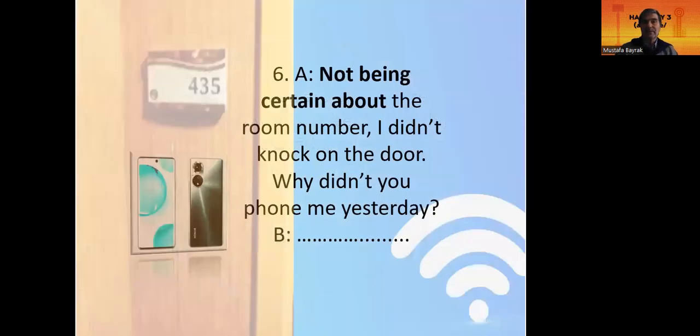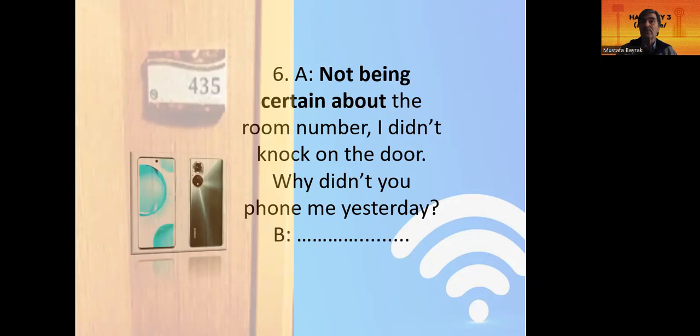Now, what about this one, number 6? Not being certain about the room number, I didn't knock on the door. So why didn't I knock on the door? Because I was not certain about the room number.